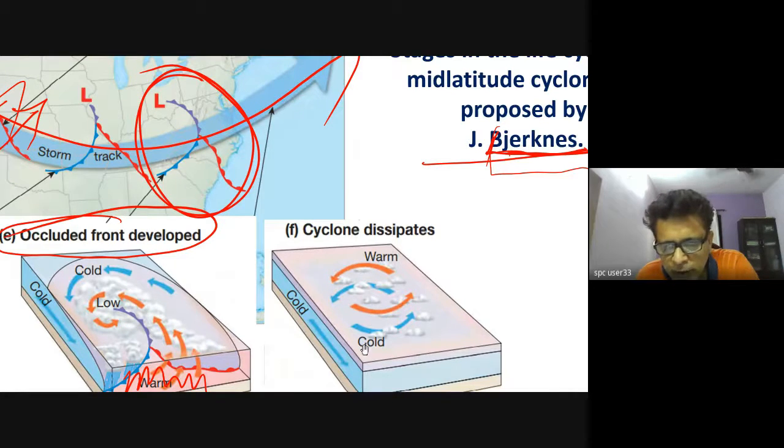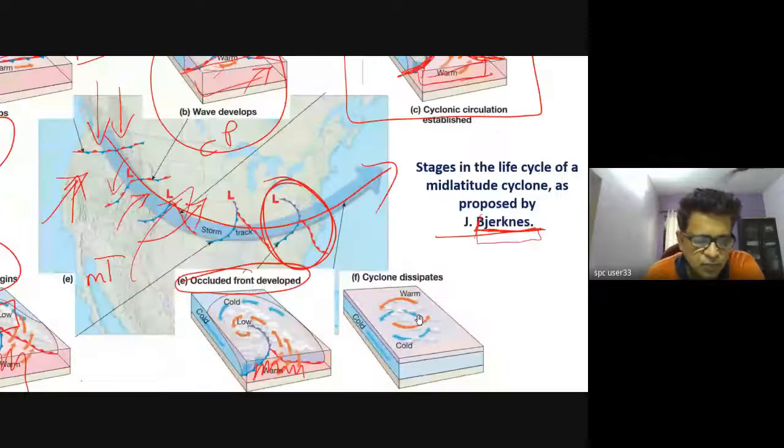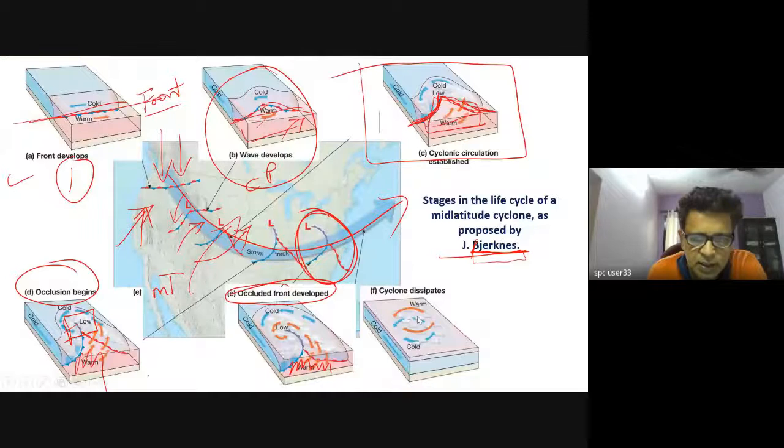So the blue arrows are at the ground, the reddish arrows have been picked up. But in all these processes, a lot of precipitation has happened and condensation has happened, and clouds are now starting to dissipate. They are starting to give away. That's called dissipation. In this whole process, you will see that this is the development of the occlusion.